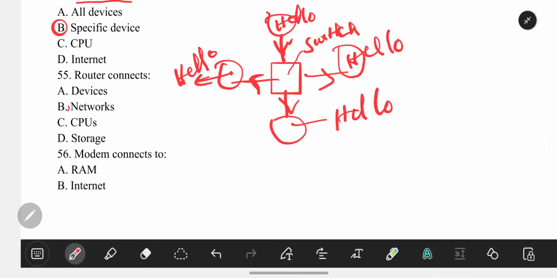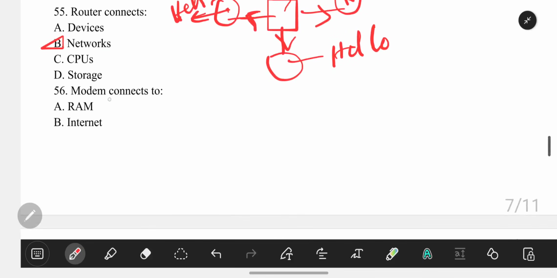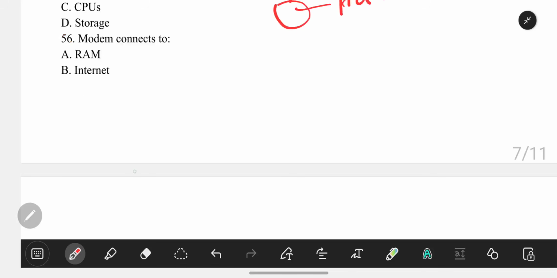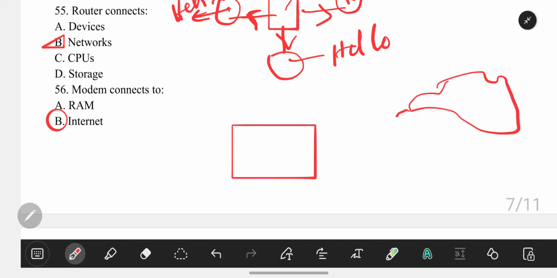The router connects networks, which we have talked about. So it connects the networks. Number 53, modem connects the internet. I have explained further on the modem. Like for example, if we have the modem there, we have the internet like that. The internet sends signals which might be analog.